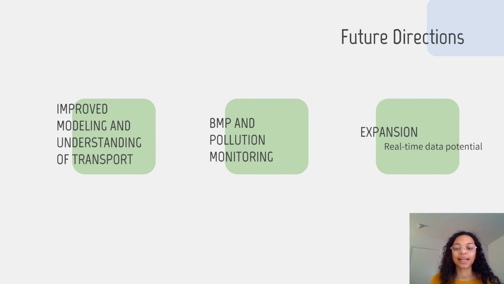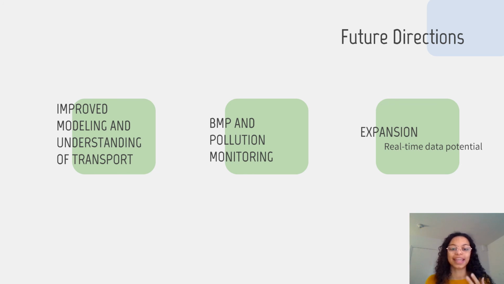So one of the impacts of this project is that by using in situ sensors, we can improve models as well as our understanding of sediment and nutrient concentrations, as well as their effect on the local activity and stream health.